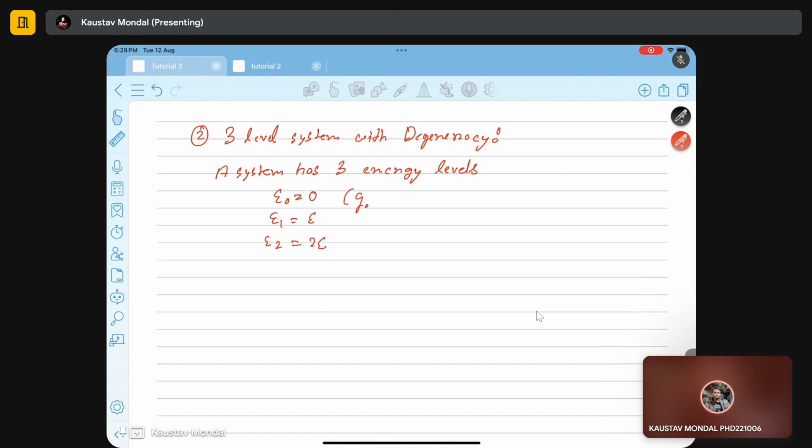Each has g0 equal to 1, g1 equal to 2, and g2 equal to 3.